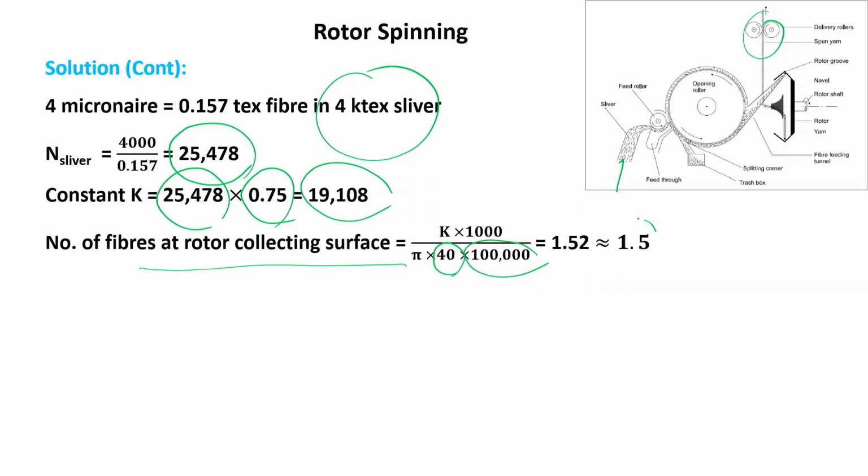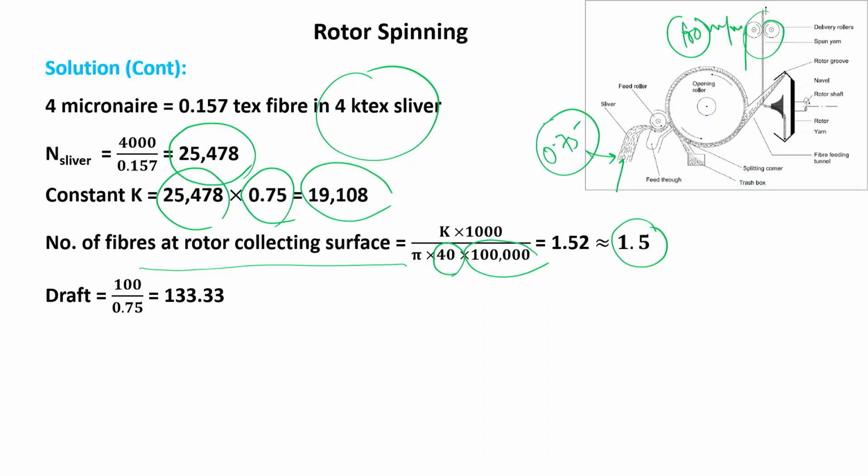The number of fibers in the rotor collecting surface is 1.5, and what will be the draft? Because the yarn delivery speed is 100 meter per minute and the sliver feed speed is 0.75, the total draft is 133.33.